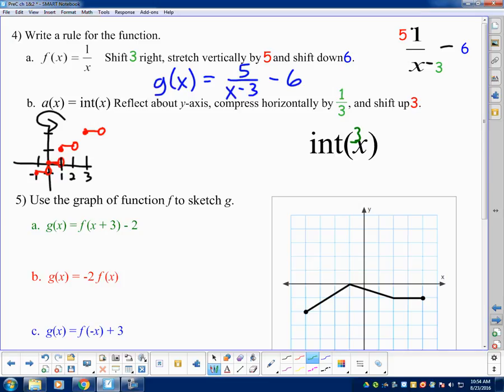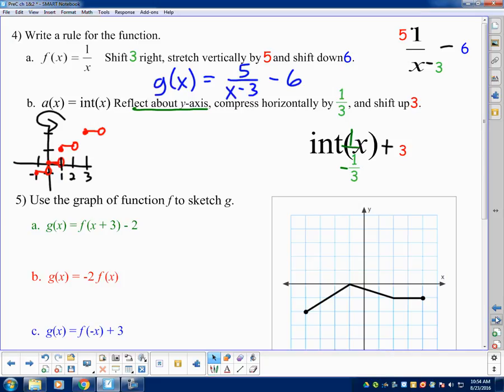And then we have a shifting up of 3 units, so we would then add 3 to this. I can't fit this whole thing in here, but what's happening is I have 1 over 1/3 in this int x thing, and that becomes 3. And it's negative because of the reflection about the y-axis. So we have 1 over 1/3. Think of that as -3.